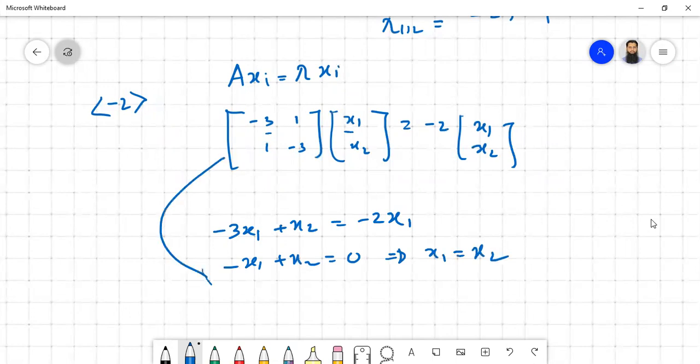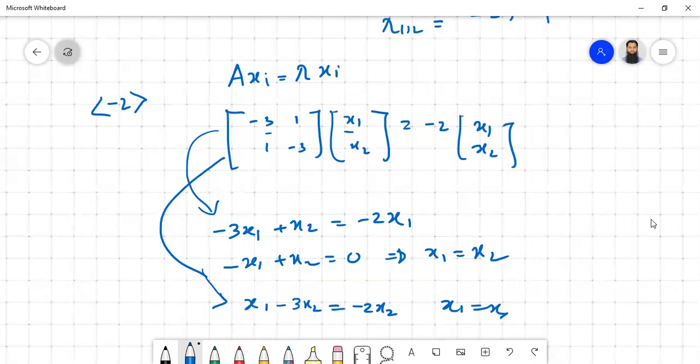From the second one also you can see, and for your reference, actually they will give the same result. Okay, so x1 minus 3 x2 equal to minus 2 x2. So basically, as you can see, x1 equal to again x2. So it will give the same result.